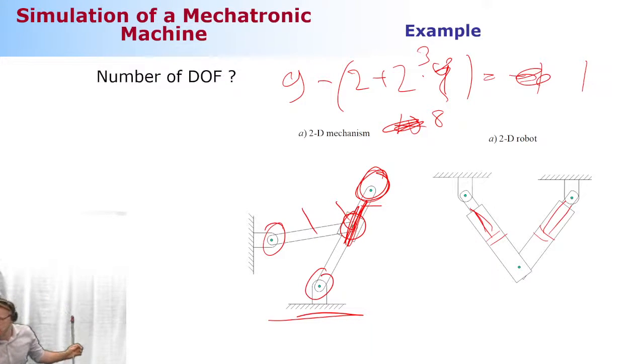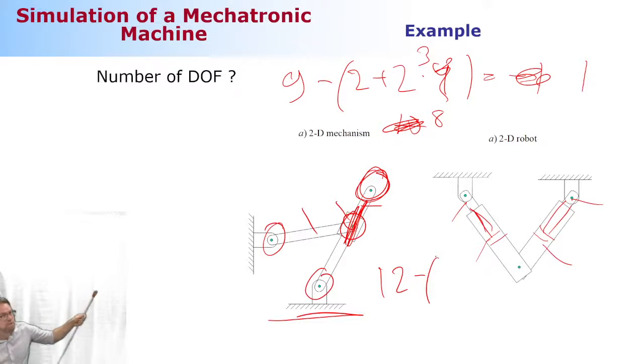Second one. Now, how many moving bodies do I have here? 1, 2, 3, 4. How many generalized coordinates do I need? 12. That is correct. 12. How many translational joints? 2. How many revolute joints? 1, 2, 3. 3.